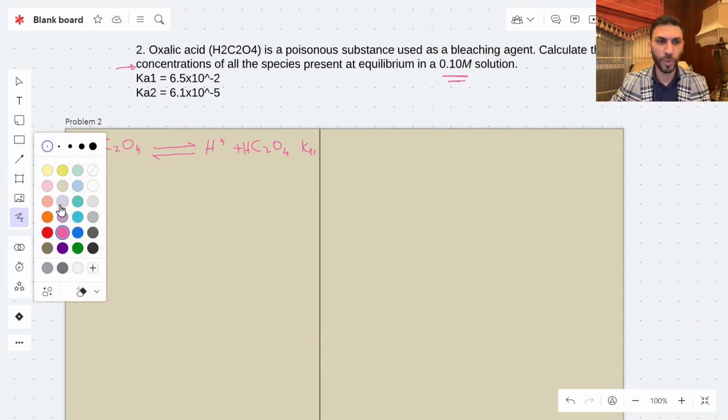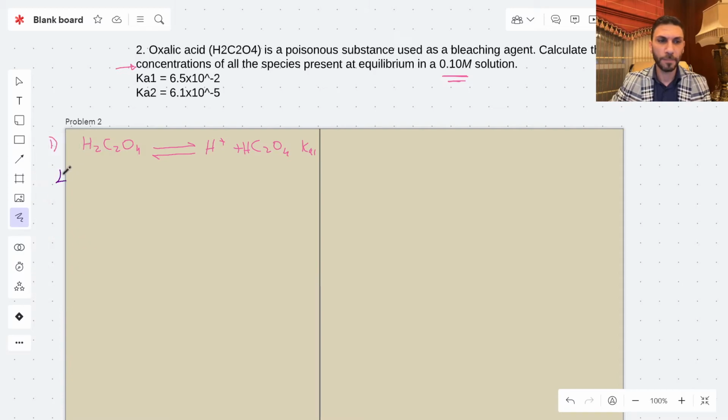Weak acid, so I'm going to use the ICE table. The initial concentration for the acid was 0.1. The initial concentration of H positive is 0. The initial concentration of HC2O4 negative is also 0. The change is negative X, positive X, and positive X. And at the equilibrium, 0.1 minus X, X, and X.